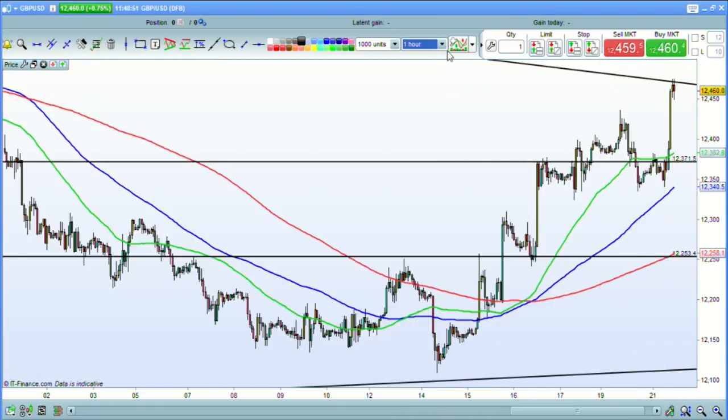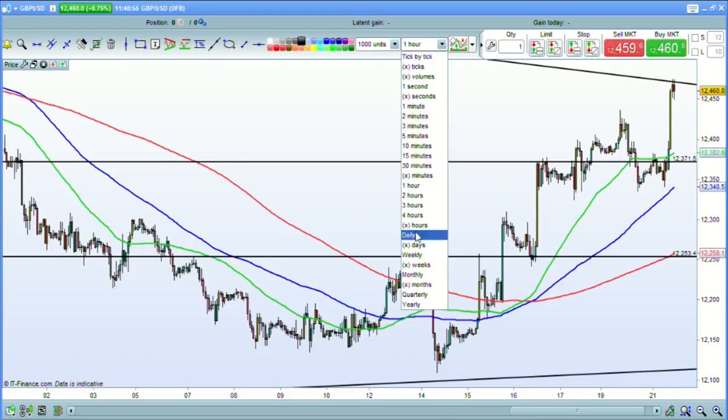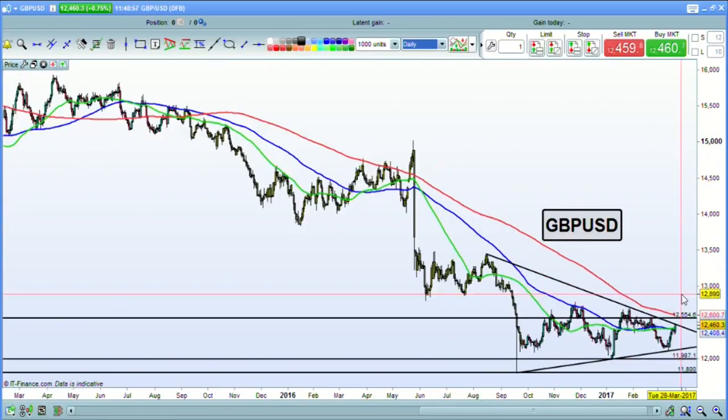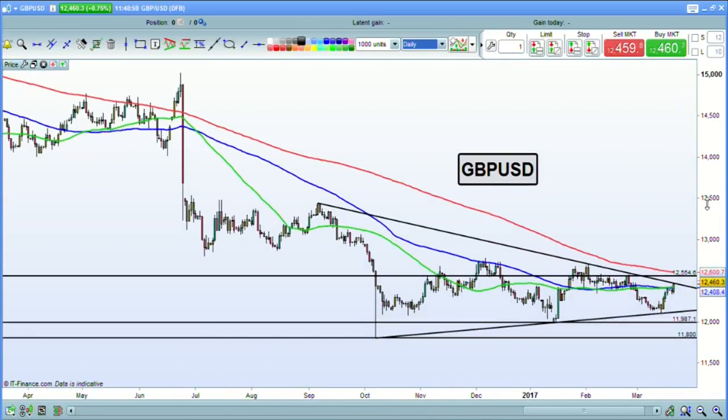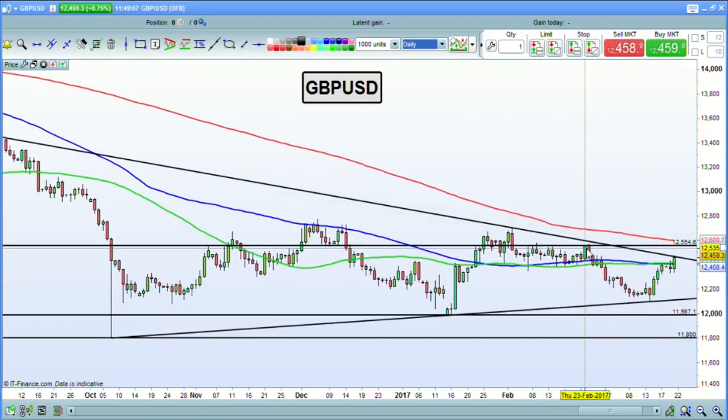Bearing in mind the Bollinger Band, I want to go back to the daily chart to take a better look at how this trade will work out. If it breaks above this top line of the symmetrical triangle, you've then got relatively plain sailing up to the recent highs that we saw back here. You can see these 2 candles peaking at around the 125.54 level. So here we are now, at 124.59.